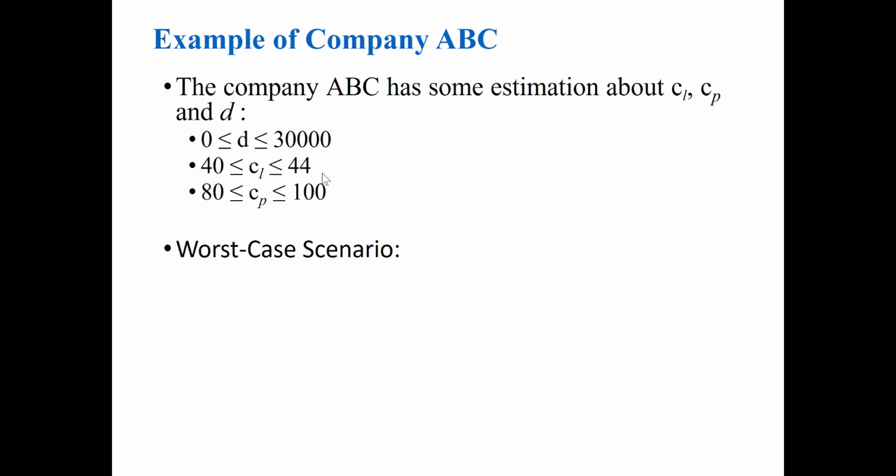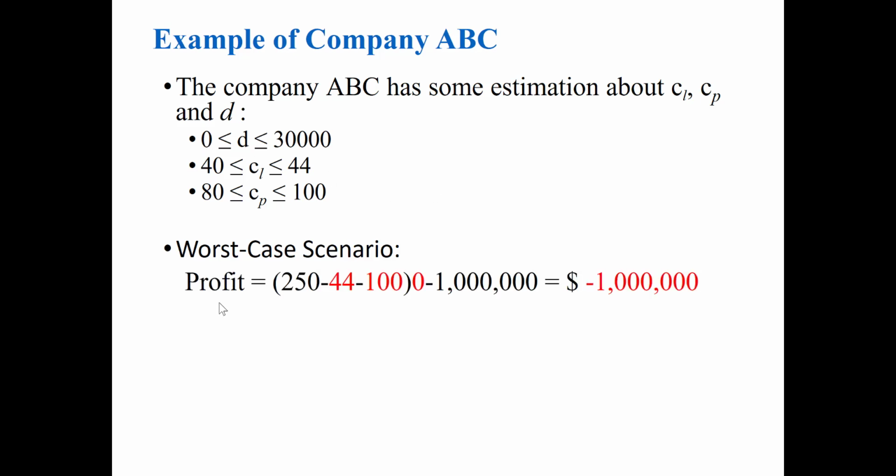That means CL becomes 44, CP becomes 100, and the demand becomes 0. In this case, profit becomes (250 minus 44 minus 100) times 0, the demand, minus $1 million. So the profit that they are getting is minus $1 million. That means they are losing this much value.